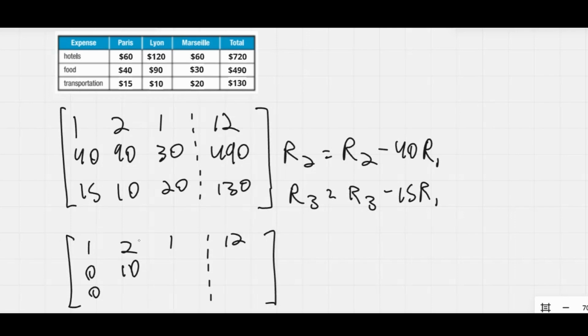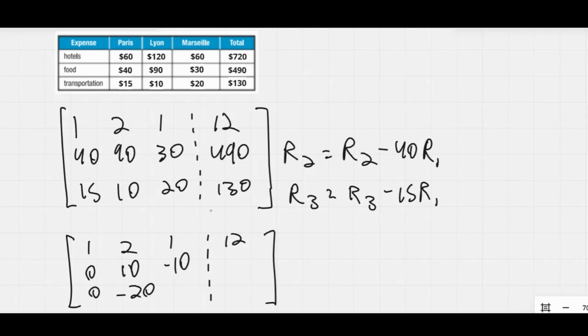And then we also have 2 times 15, which is going to be 30, and 10 minus 30 is going to be negative 20. We also have 40 times 1, which is going to be 40, and then 30 minus 40 is negative 10.